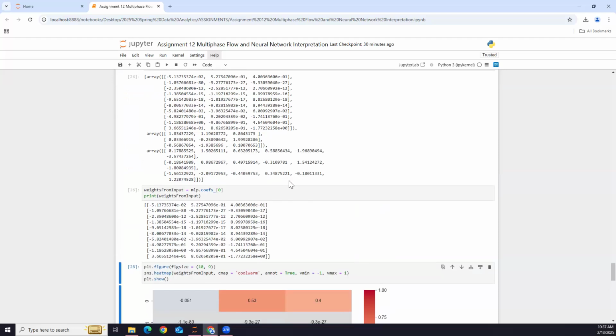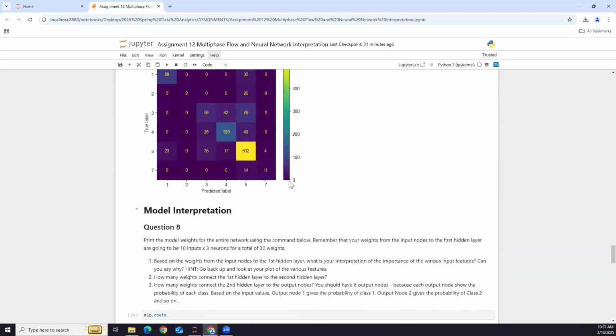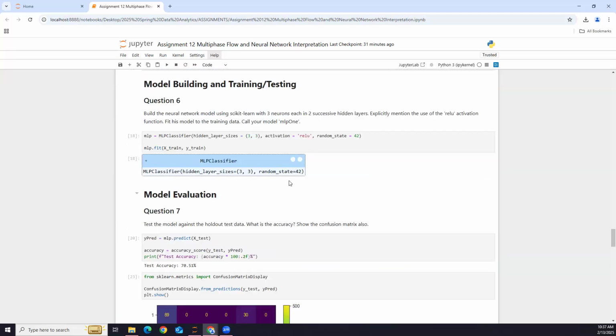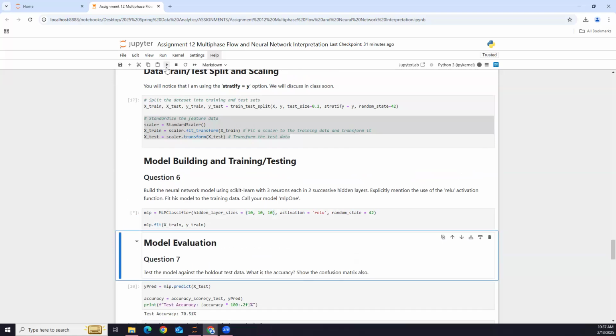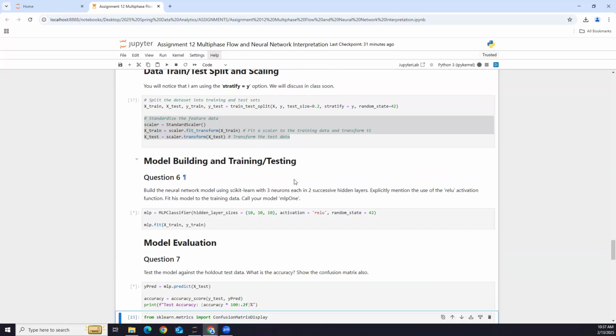Now, the next question is, can I improve the performance of this neural network? Yes, perhaps, and I don't know in which direction we should go, but let's try something like 10 neurons in the first layer, 10 neurons in the second layer, and 10 neurons in the third layer as well, and fit this to my training data set and test it.